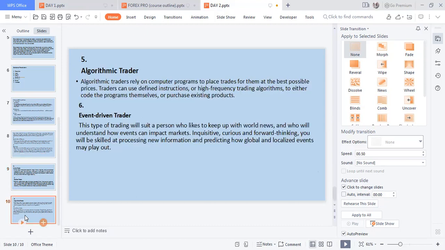Algorithmic traders are traders that rely on computer programs, and they act now. What algorithmic trader means is these are traders who trade using robots. A robot is a combination of scripts. For instance, I'm building one right now.